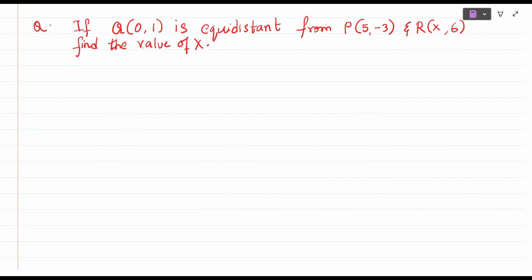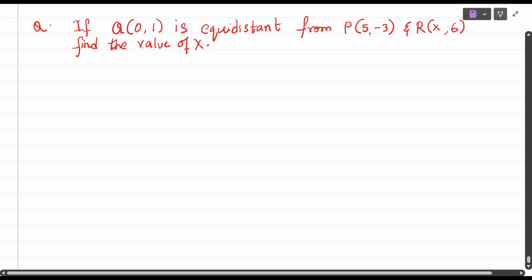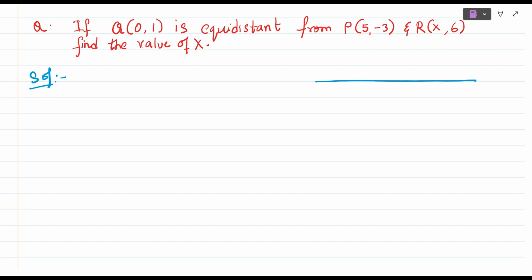Students, the next question is: if Q(0, 1) is equidistant from P and R. So this is P, students. These coordinates are 5, minus 3, and this is R, students. These coordinates are x, 6, and they are telling us Q is equidistant from P and R, meaning Q is in between and its coordinates are 0, 1.